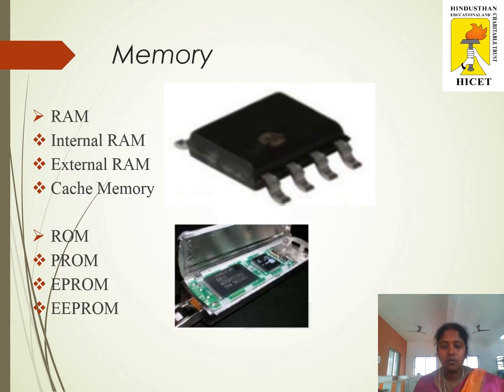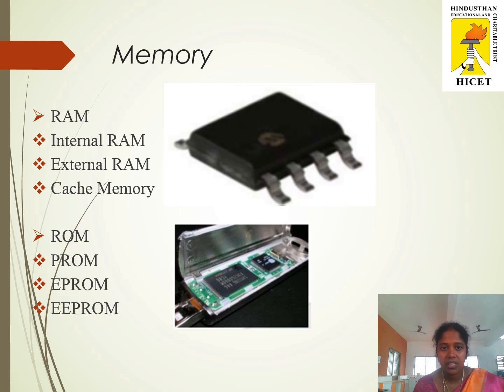Next, memory is very essential in an embedded system. It is used for storage, and memory can be classified as random access memory and read-only memory. Random access memory is a volatile memory. It can store information only while the program is running. It can be classified as internal RAM, external RAM, and cache memories.